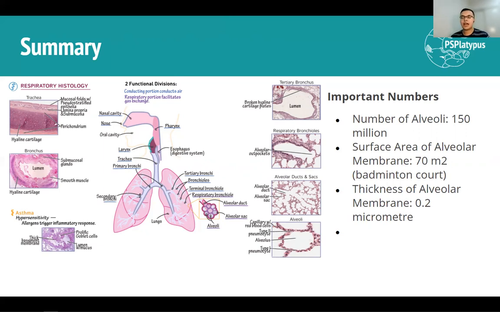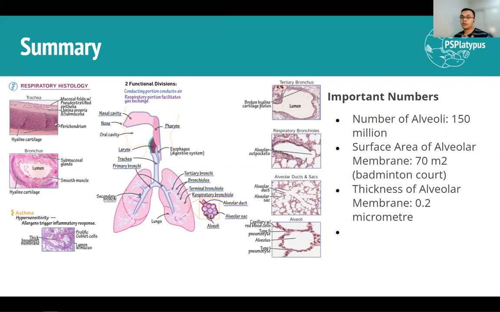The only reason I include this is not because I think they're particularly useful, but because I do recall in my notes writing down that these numbers were something recommended by faculty to memorize for the purposes of your classes and even the exam. So just have a look at these numbers, see if you can memorize them. They're not too difficult to remember, but just keep them in mind.